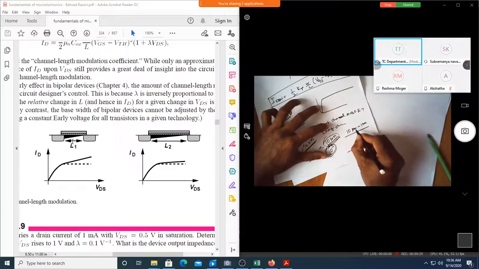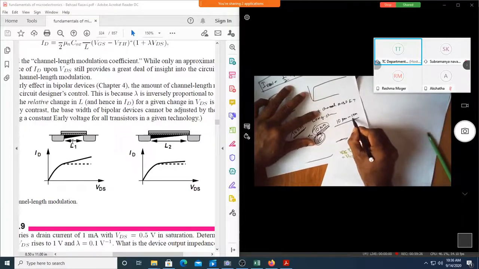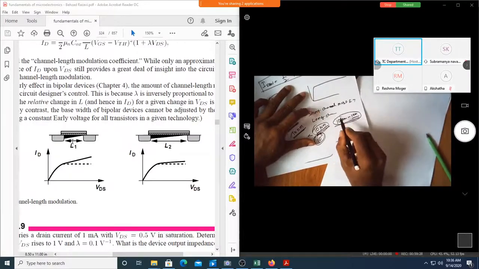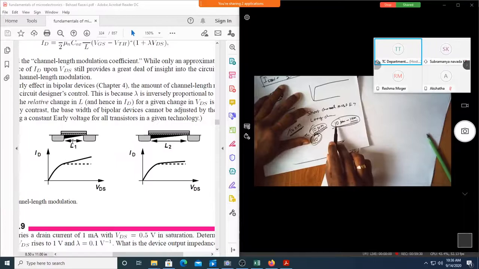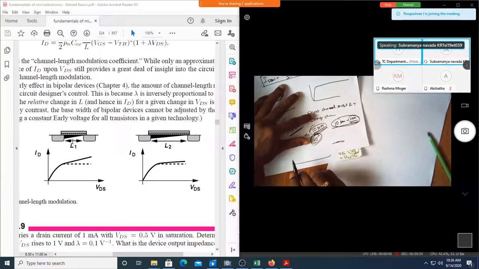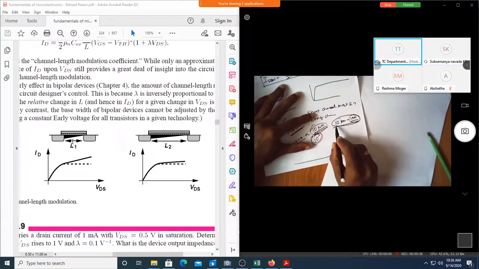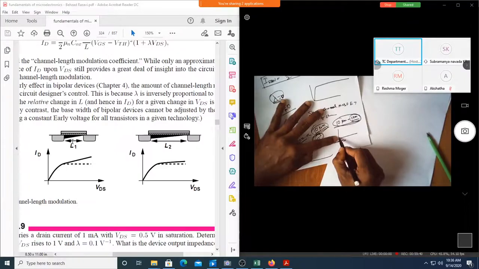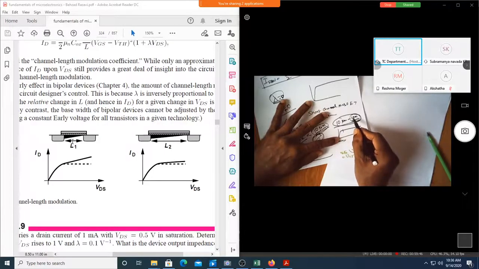Assume the channel length has reduced by 1 nanometer. Will it have a big impact on the channel length? No, sir. Hardly any change.